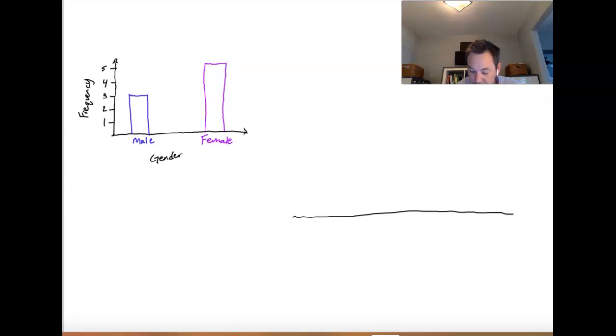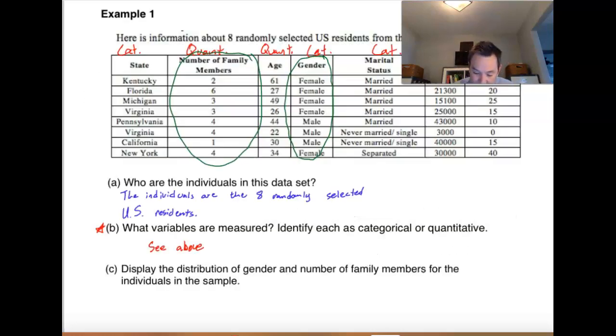And so for that one, we just need a horizontal line. I'm going to label it number of family members so that we know what that x-axis is representing. And then, let's see, we have anywhere between 1 to 6.